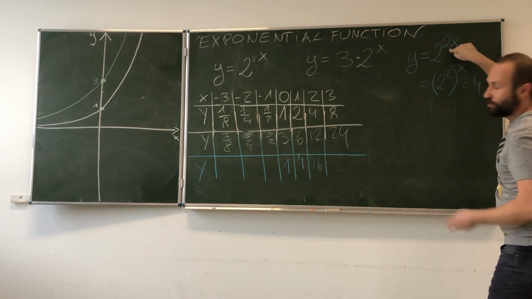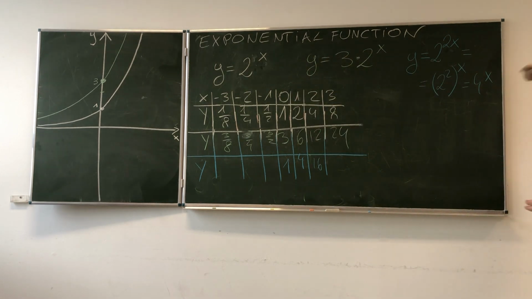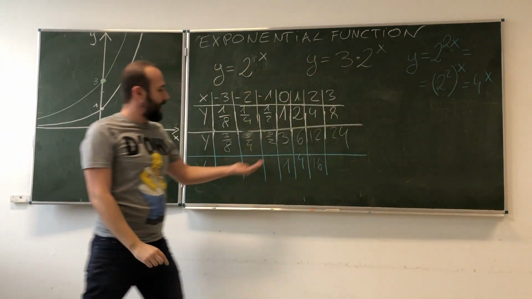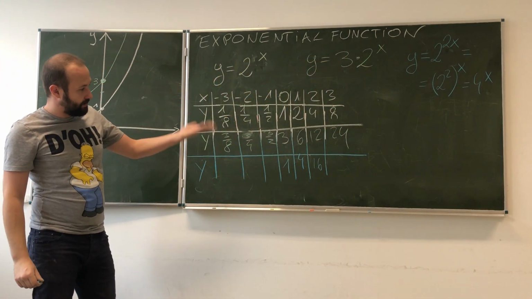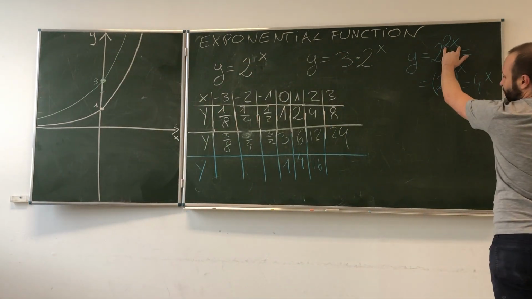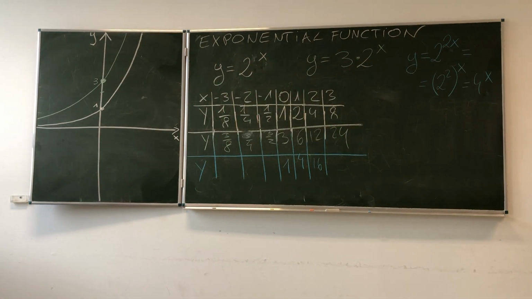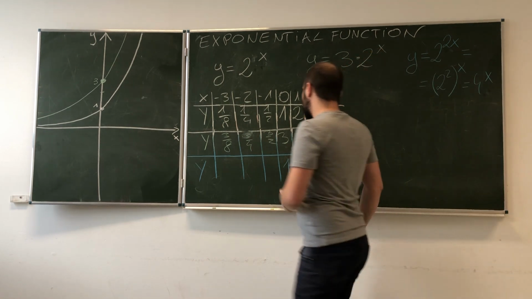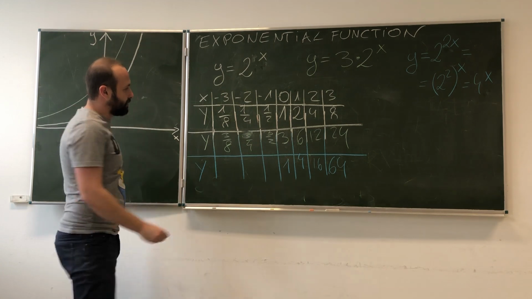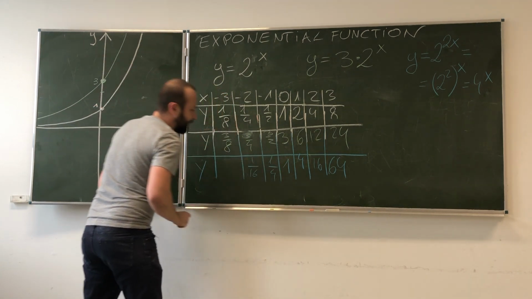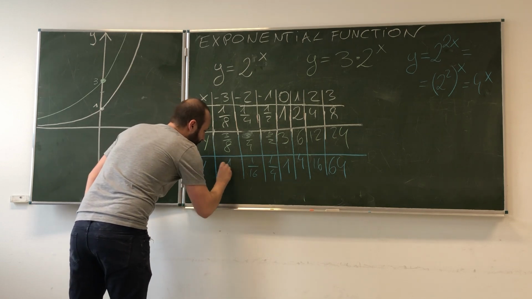Because here we have 2 to the power of 4, or 4 to the power of 2. Here, we would have 64, because we've got 2 to the power of 6, or 4 to the power of 3. And by the same token, we see that here, we will have 1 over 4, 1 over 16, and 1 over 64.